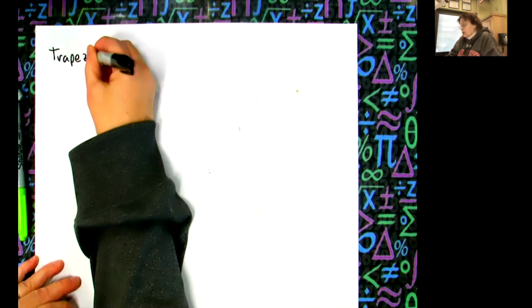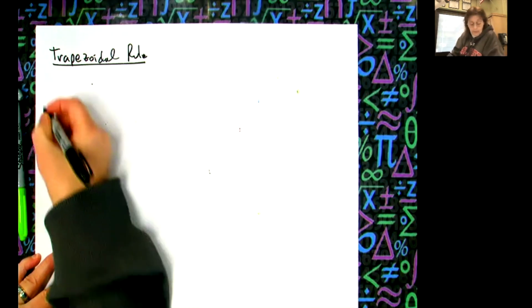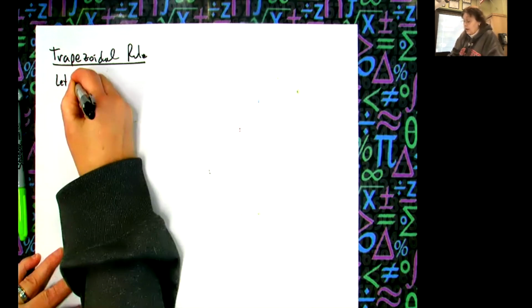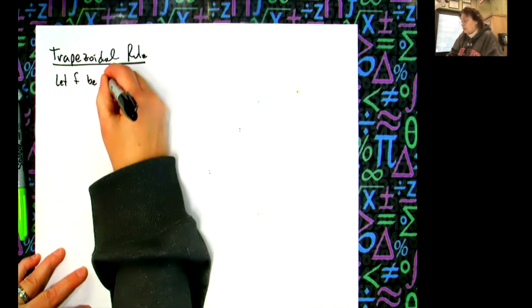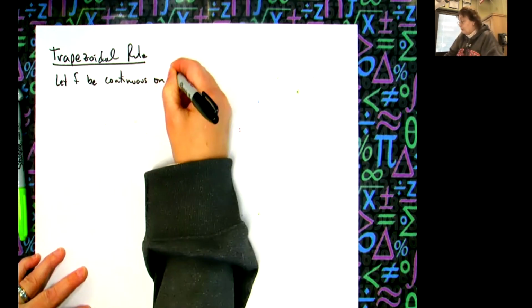Okay, so let's say we have the trapezoidal rule. We're going to let f be continuous on the closed interval from a to b.